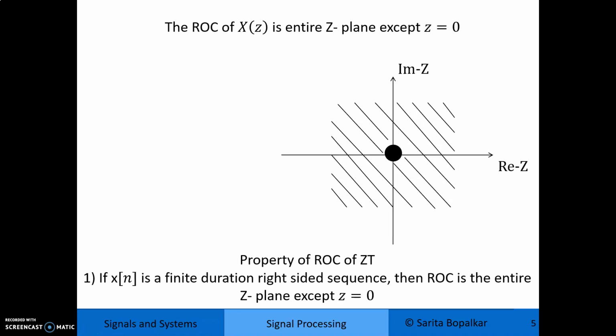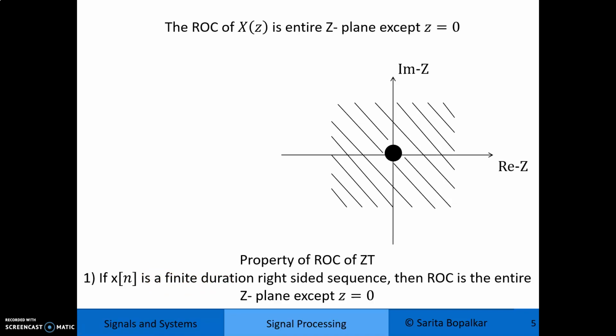And based on that, the first property of the ROC of Z transform is, if x(n) is a finite duration right-sided sequence, then the ROC is the entire z plane except z equal to 0. Let's understand. X(n) is finite duration. Finite duration means it has some particular samples.